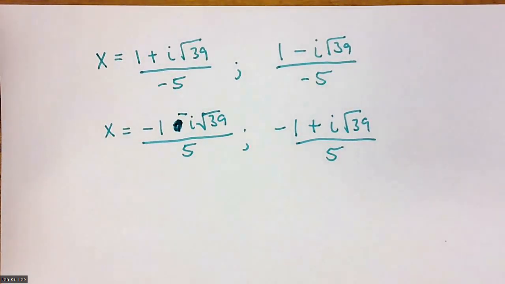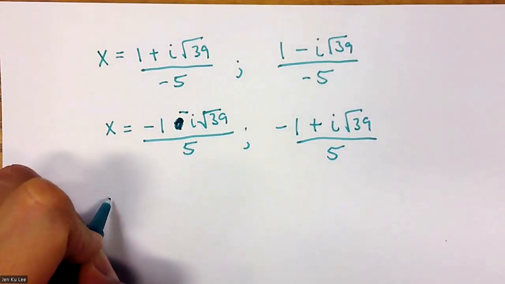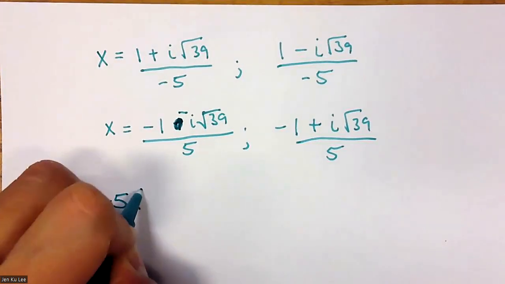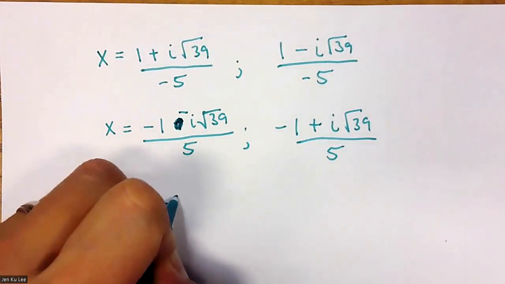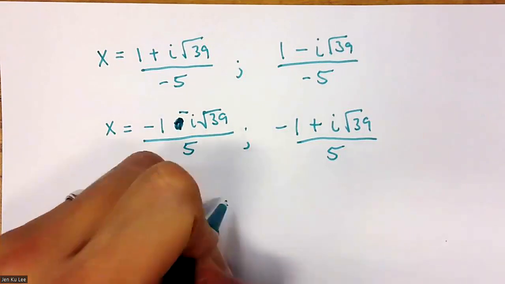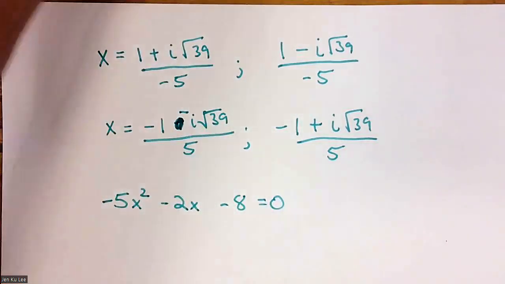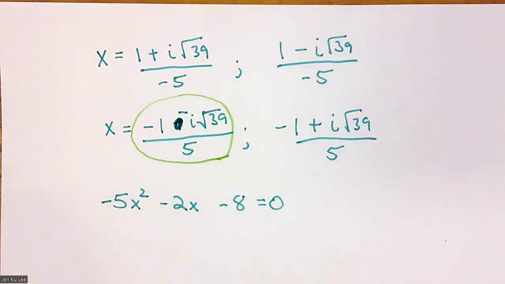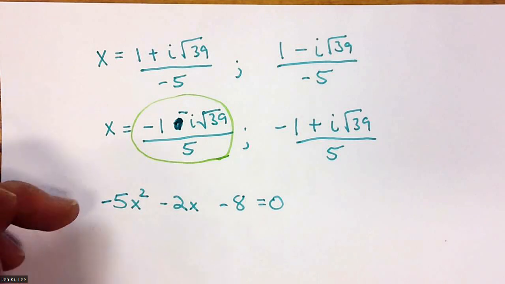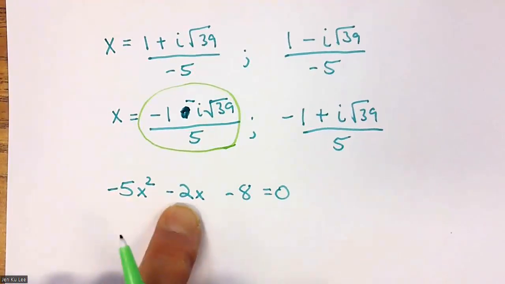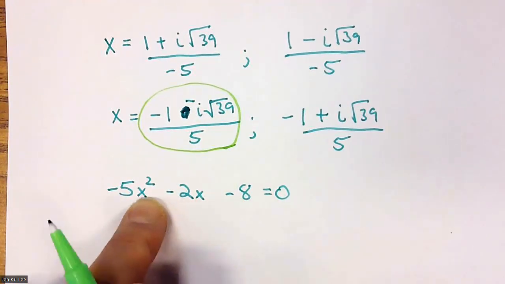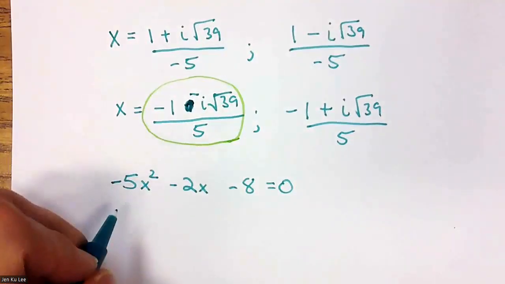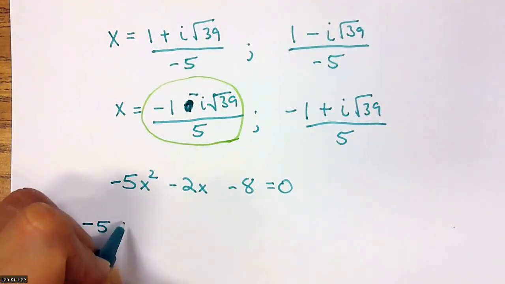And now my original equation was this, negative 5x squared minus 2x minus 8 equals 0. And I must check it by plugging in. Let's plug in this one into here.